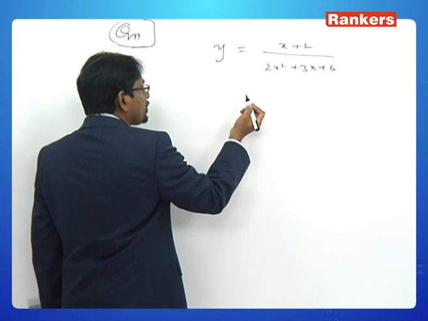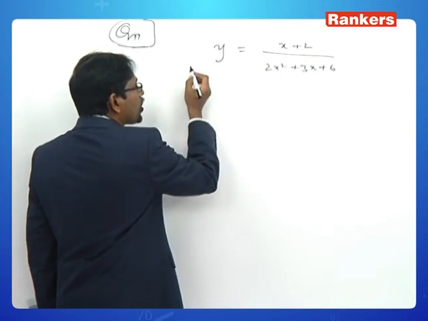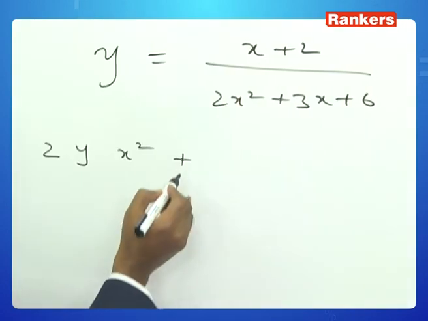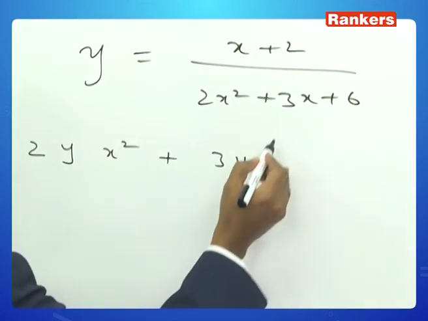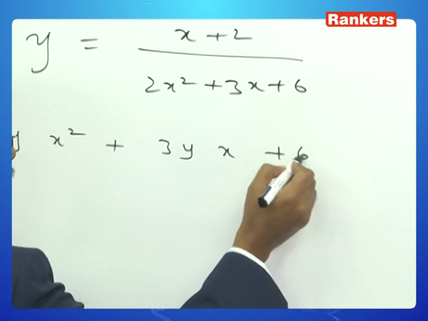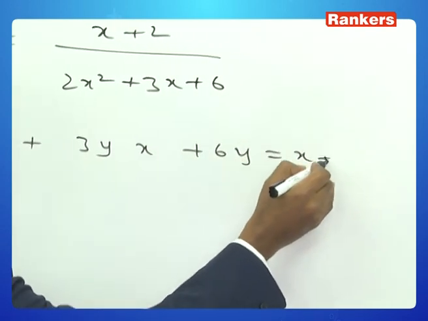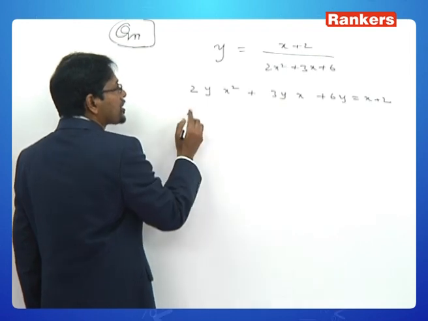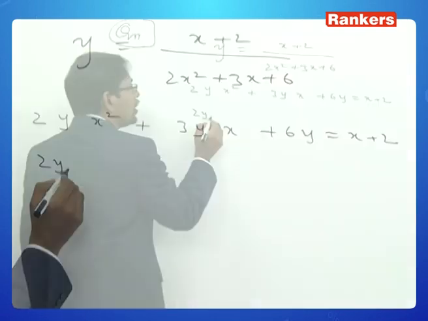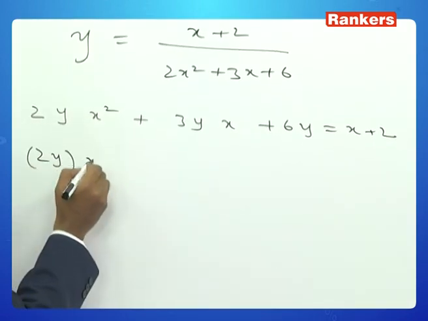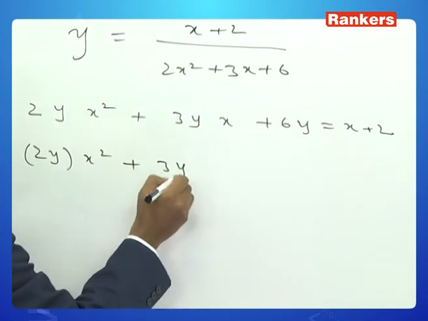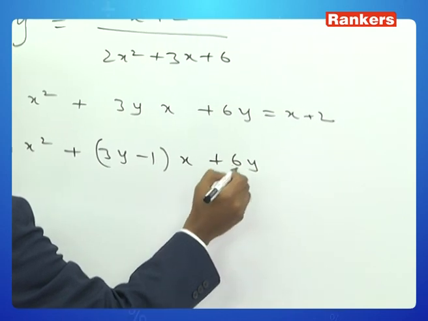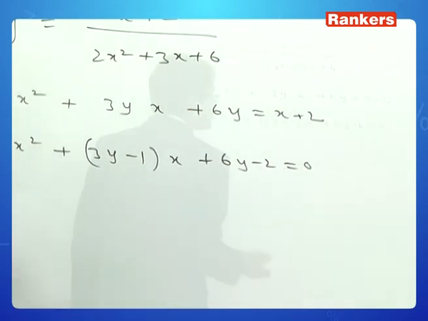Now let's cross multiply. We have here 2y into x square plus 3y into x plus 6y is equal to x plus 2. Let's rewrite this as a quadratic equation in x. So 2y into x square plus 3y minus 1 into x plus 6y minus 2 is equal to 0.